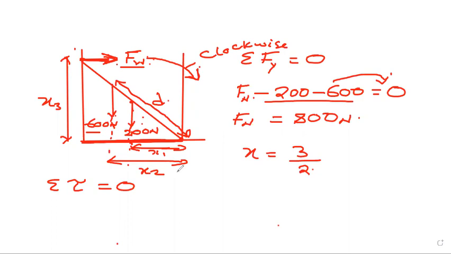So we can simply divide that length by 2 and get the value of x1. What will that be? Is it 1.5? 1.5, in meters. We don't know the value of x2.